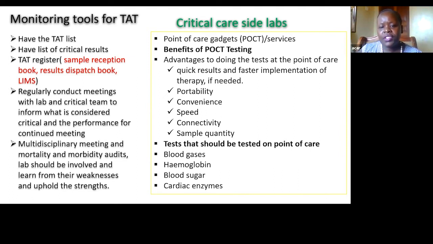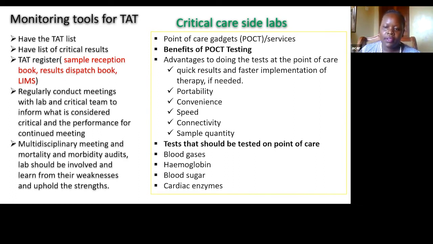With point of care, results are received on time. They are portable. Even in theater, you can go with it, anywhere you can move with it. It's convenient, speedy, you can easily train people on how to use it, and it uses a small quantity of blood sample. So much as we have a main lab, intensivists should start planning for those units that do not have these small side labs for quick testing.